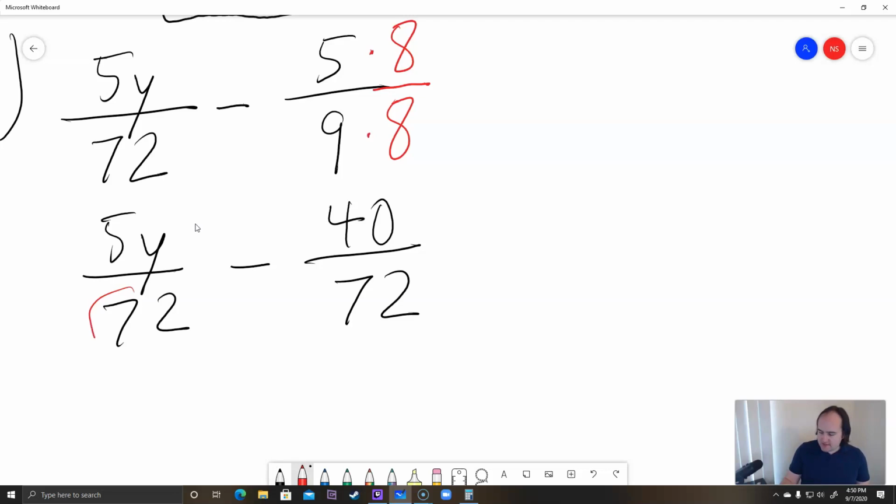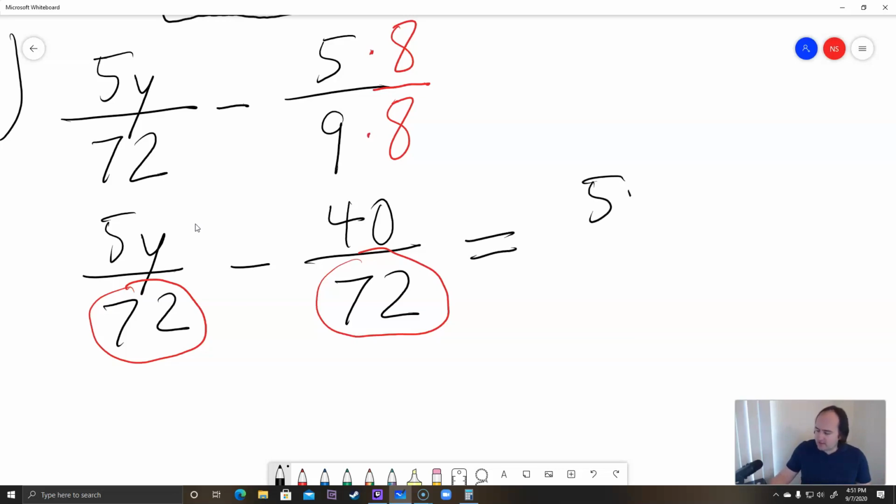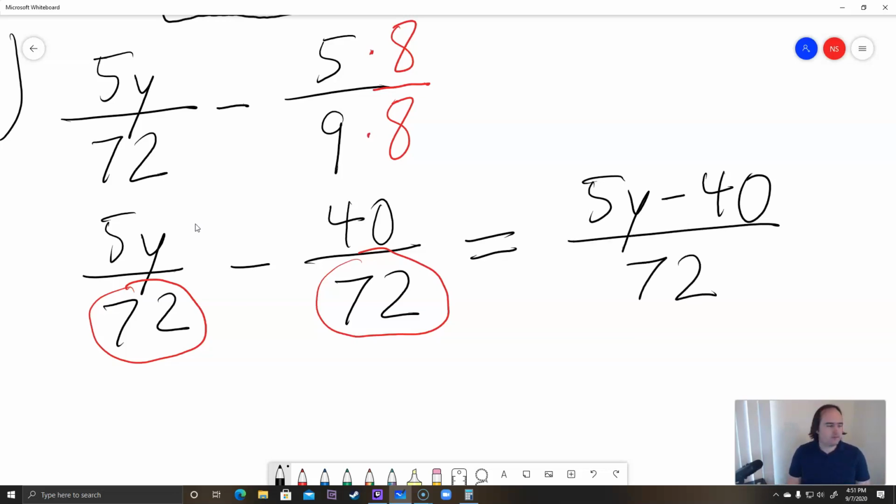And now these have the same exact denominator. They're like fractions. So we keep the denominator and subtract the numerator. So this is going to give us 5y minus 40 on the top and 72 on the bottom.